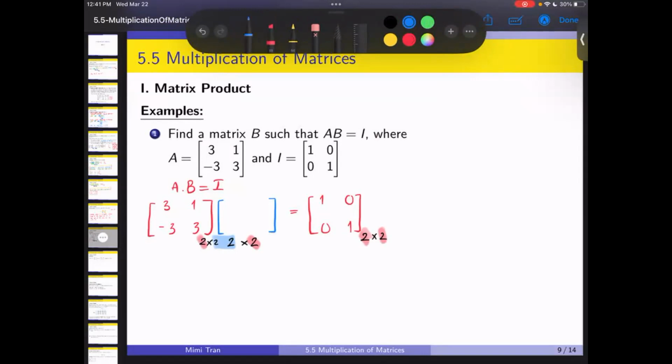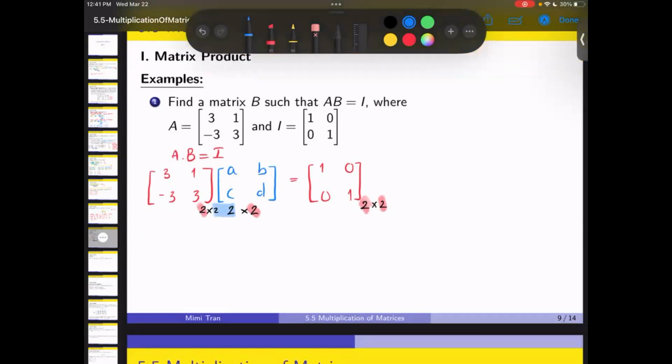Because I don't know the entries of matrix B, I'm going to call them A, B, C, D. On your quiz, I give you a system of equations and ask you to convert to a matrix. Now I give you a matrix, and I want to convert it back to a system of equations.